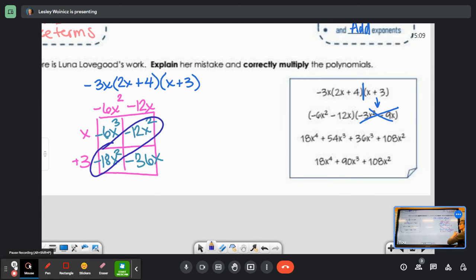Combine like terms. So that should be negative 6x cubed minus 30x squared and negative 36x. Questions for me?